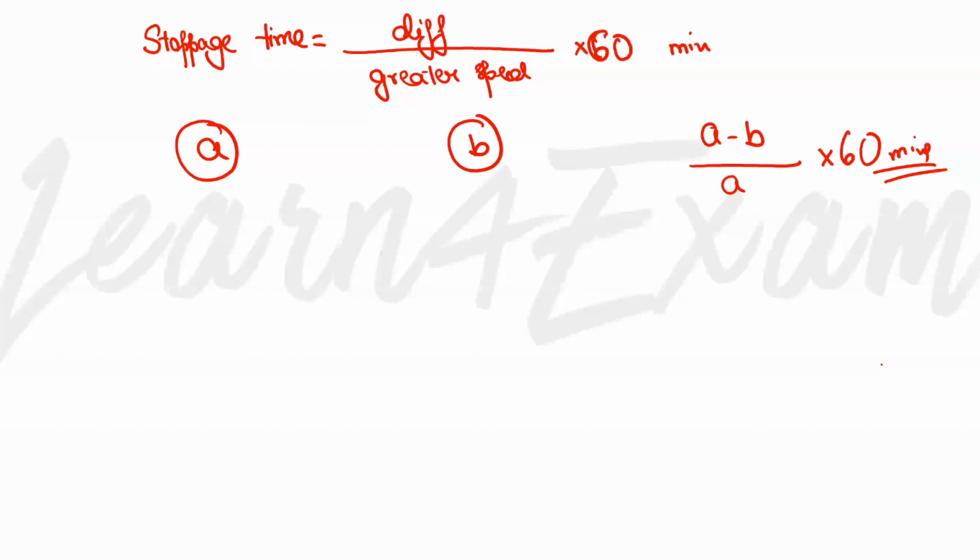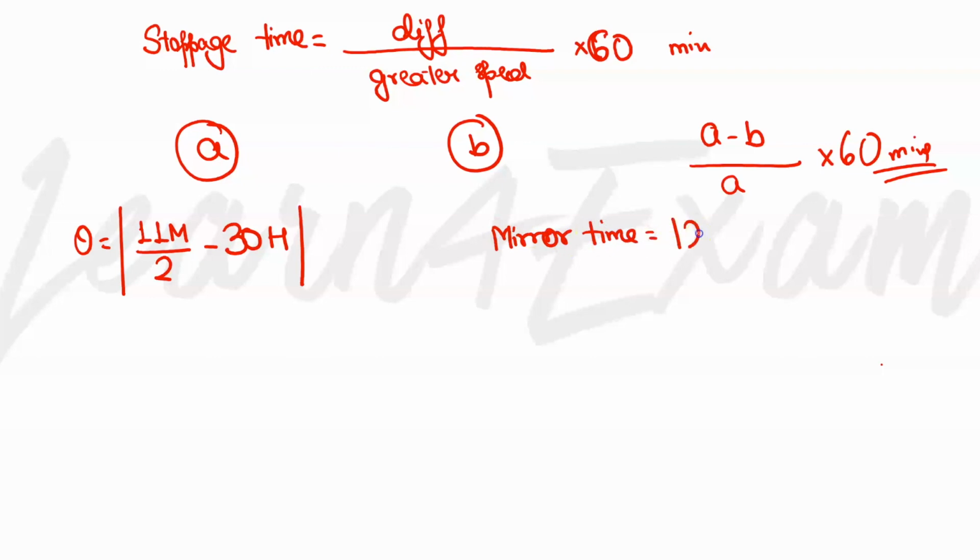Let's talk about clocks and calendars. For clocks and calendars, the angle between the two hands of a clock is given by the formula 11m by 2 minus 30h, the modulus of this, because you essentially have two angles, one counted clockwise, one counted anti-clockwise. Another very important formula is the mirror time, which is 12 minus actual time.